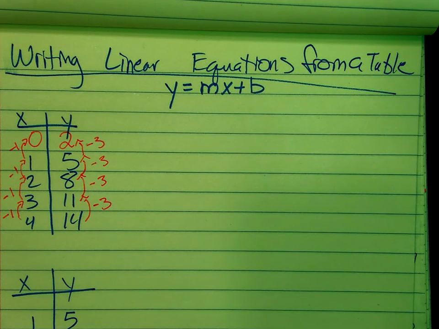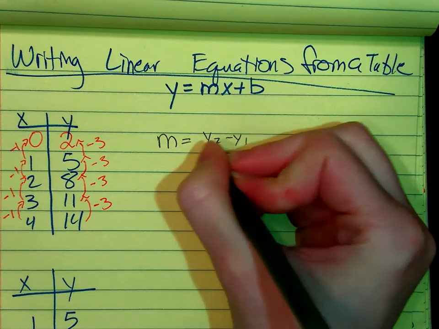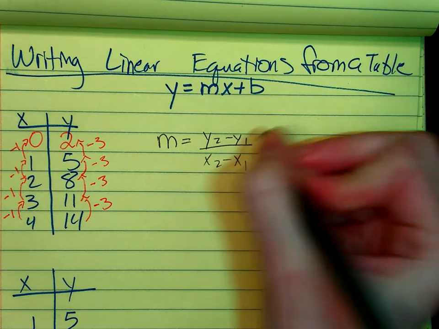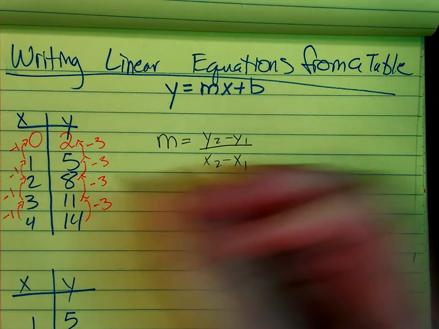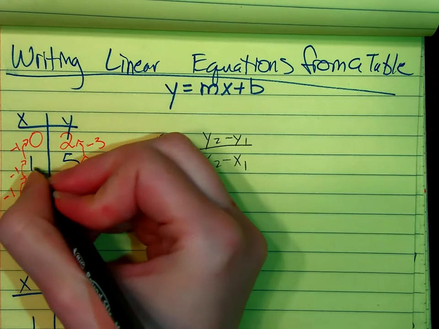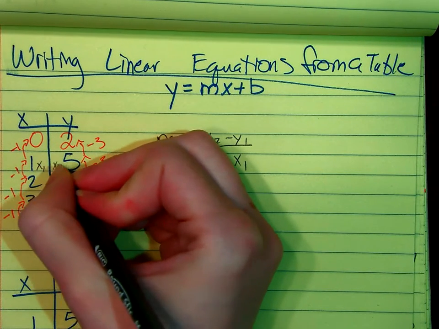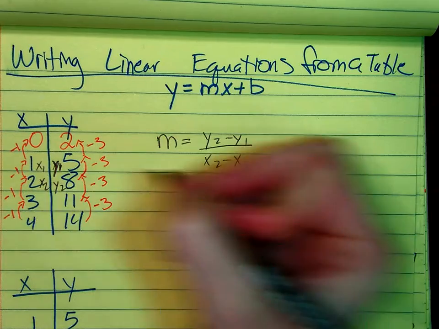So for slope, again, we always do slope is y2 minus y1 over x2 minus x1. The difference in the y's divided by the difference in the x's. So we can go ahead and label that we have x1, y1, x2, y2.